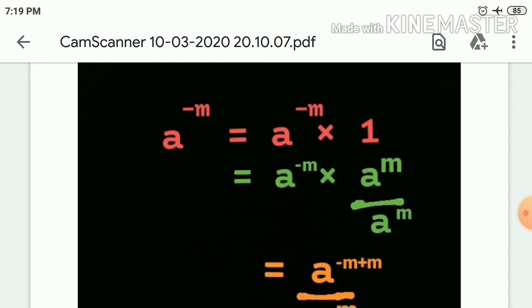So in place of 1, we are writing a raised to m divided by the same a raised to m. You know that this results in 1 only.